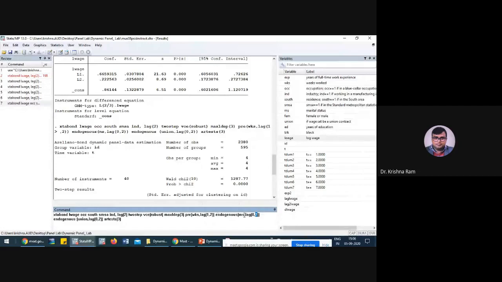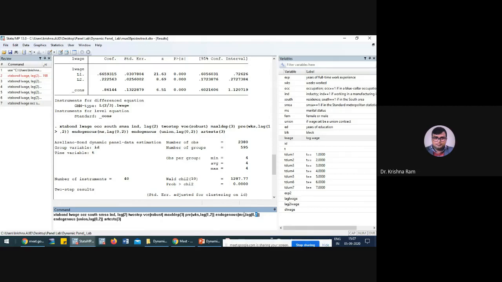Since in the endogeneity case you use instruments, we are defining a maximum lag length of this particular variable which can be used as an instrument, because this one is an endogenous variable.